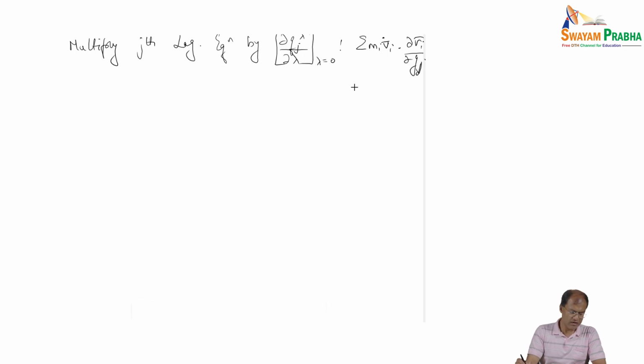And on the right hand side for the conservative system, this is partial V partial Qj times partial Qj partial lambda.